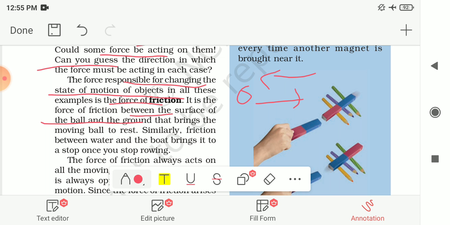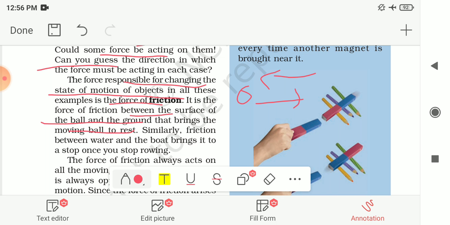So this frictional force brings the moving ball to rest, or the speed of the object decreases, and at some time it will come to rest. So the contact force, that is frictional force, is acting between the surface of the ground and the surface of that object.